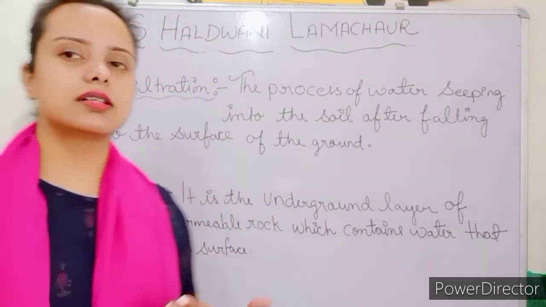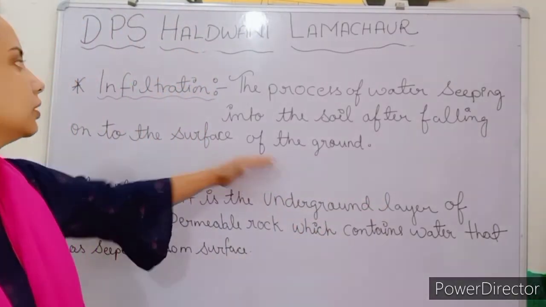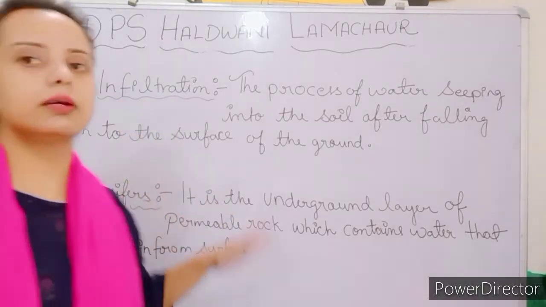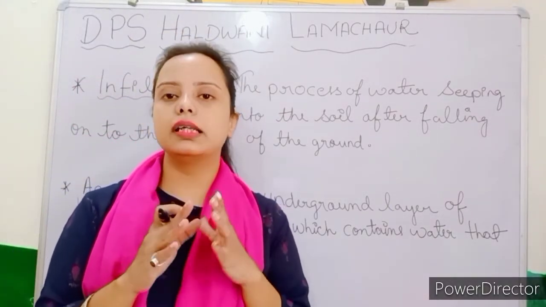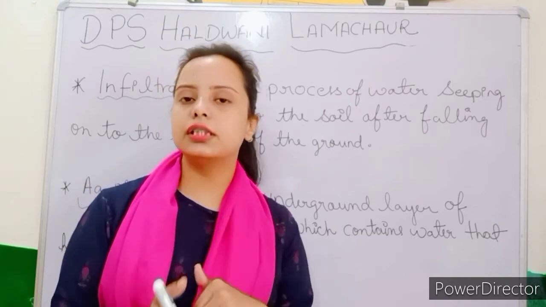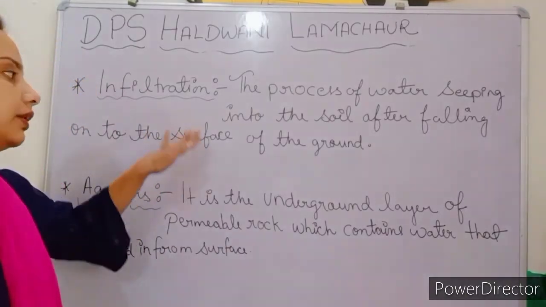Then that process is known as infiltration. जब बारिश होती है, जब पानी सरफेस पे गिरता है, एंड देन वो जो पानी है आपके ग्राउंड के नीचे जाता है. Okay, that process is known as infiltration.